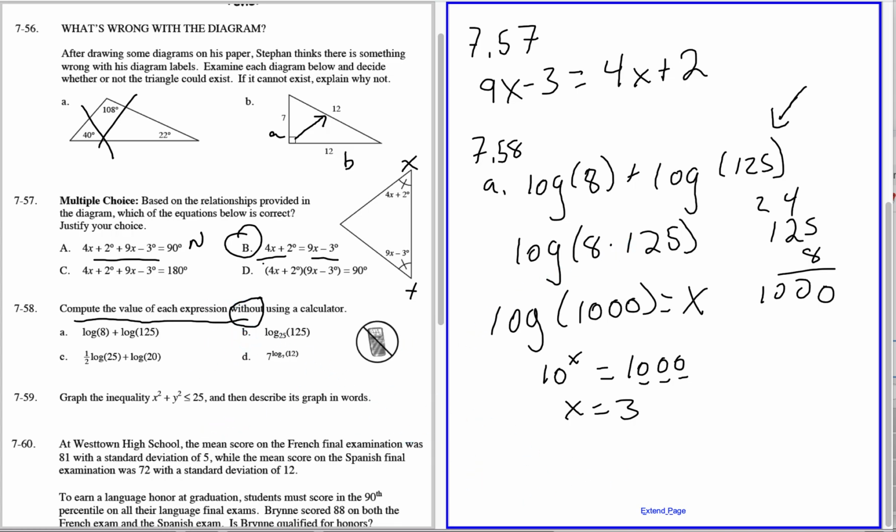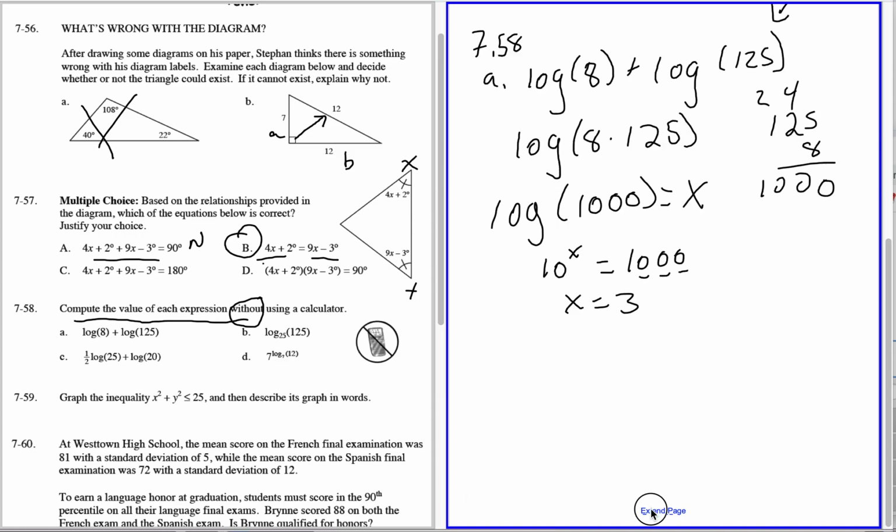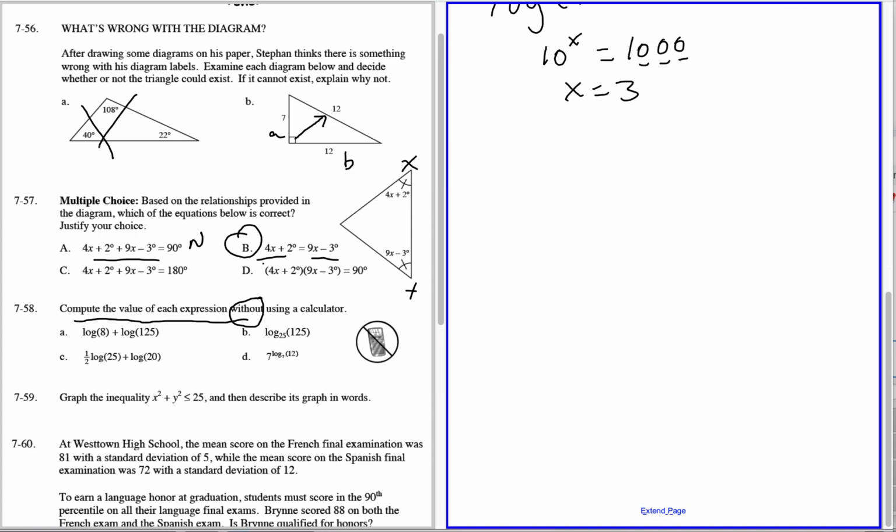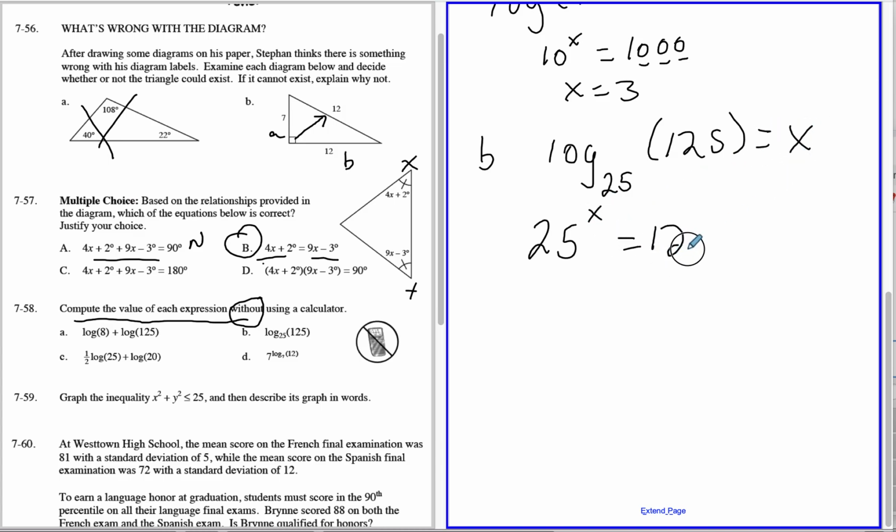For B, we have log base 25 of 125. If I change that to an exponential, I have 25 to the x equals 125.